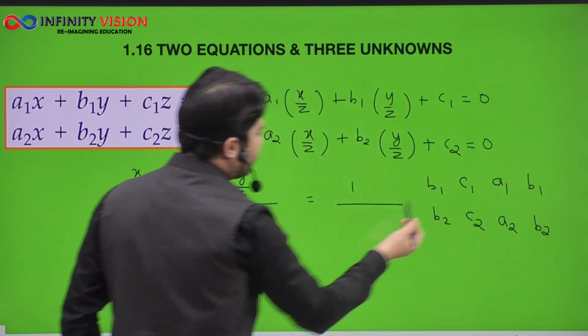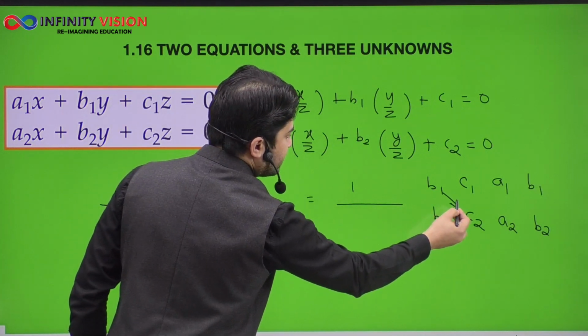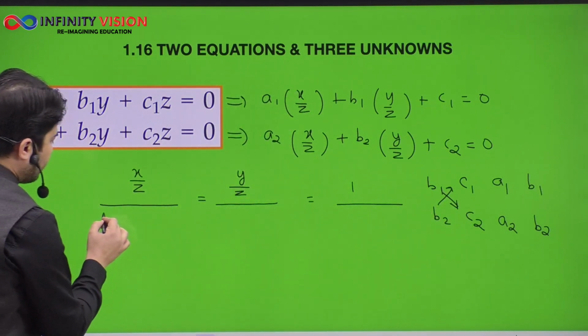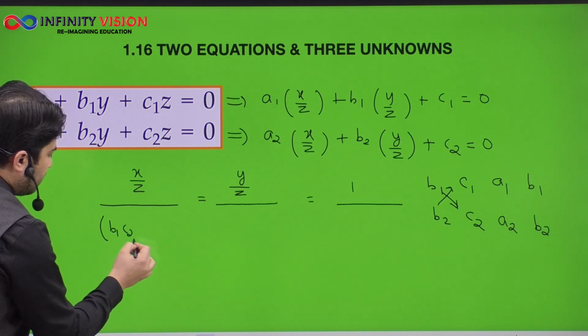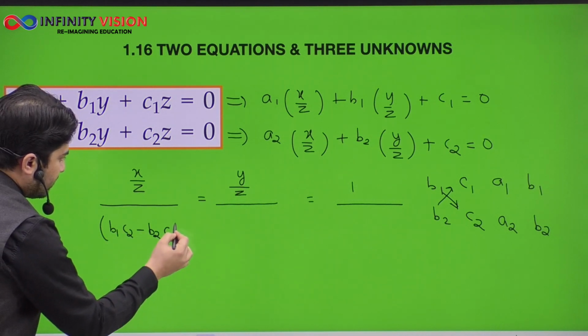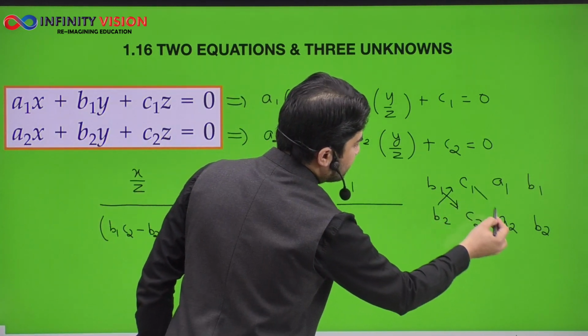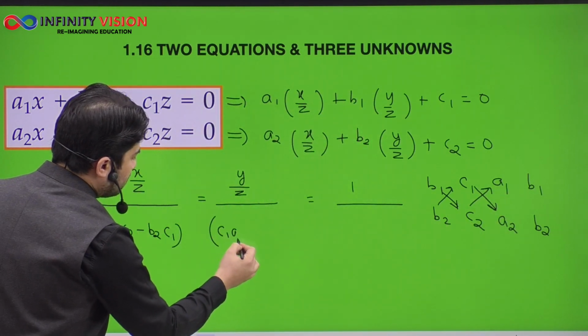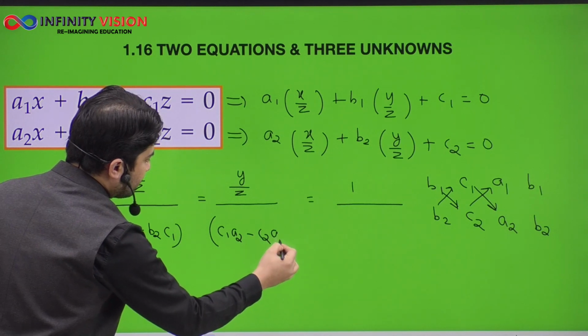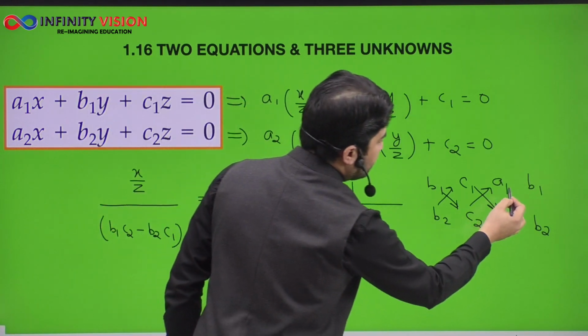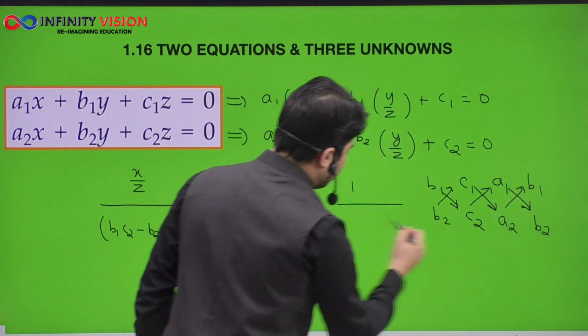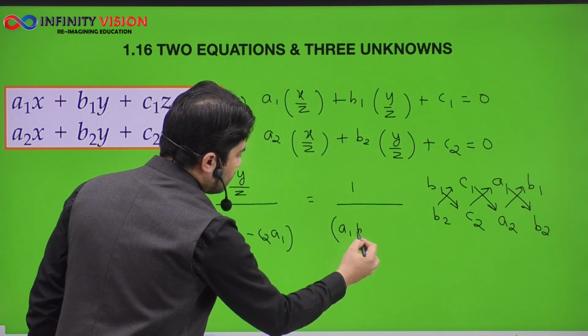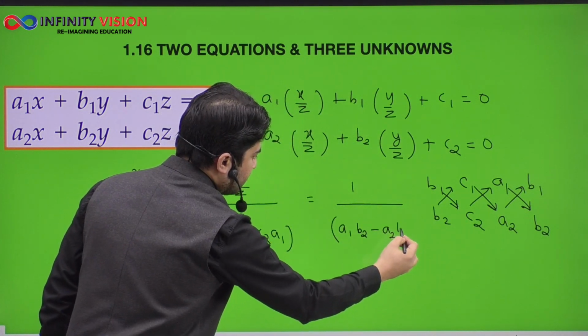So the first one would be b1 c2 minus b2 c1. Here I'm going to write the second one, c1 a2 minus c2 a1. And for the last one, it would be a1 b2 minus a2 b1.